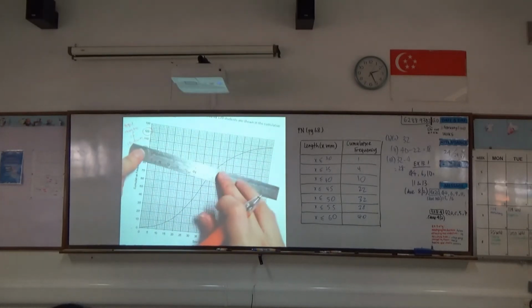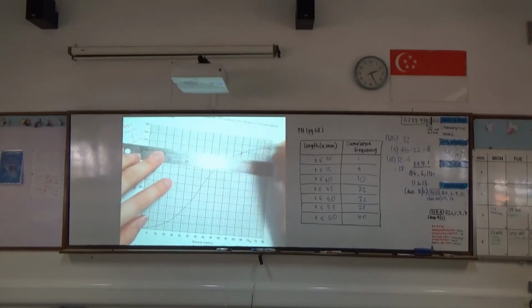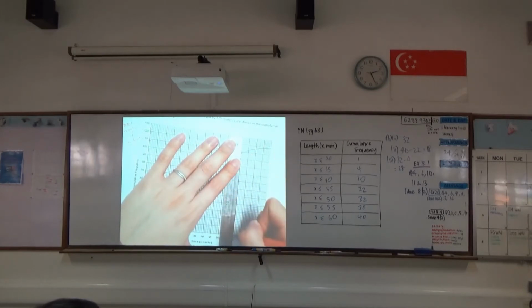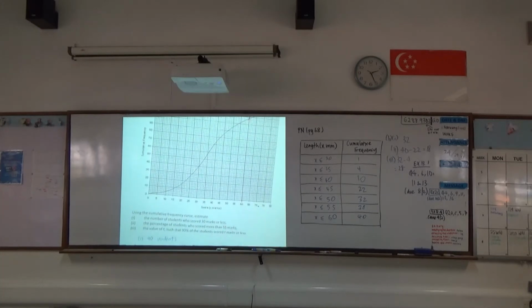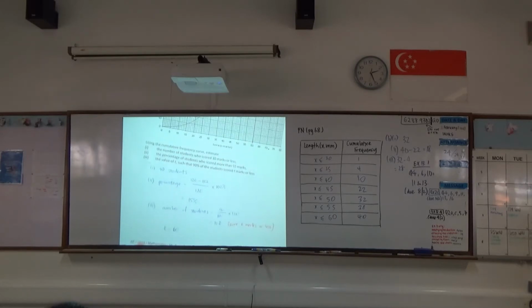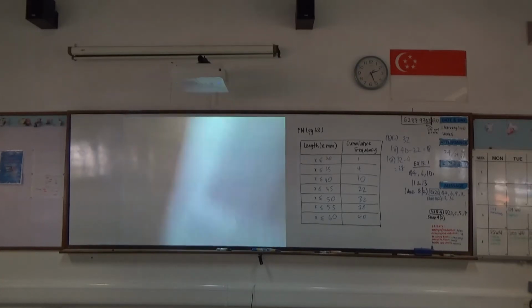Use your ruler to guide yourself, and you find that it is at this point, and that is 60. So 60 marks is what T represents. Questions? No? Let's move on.